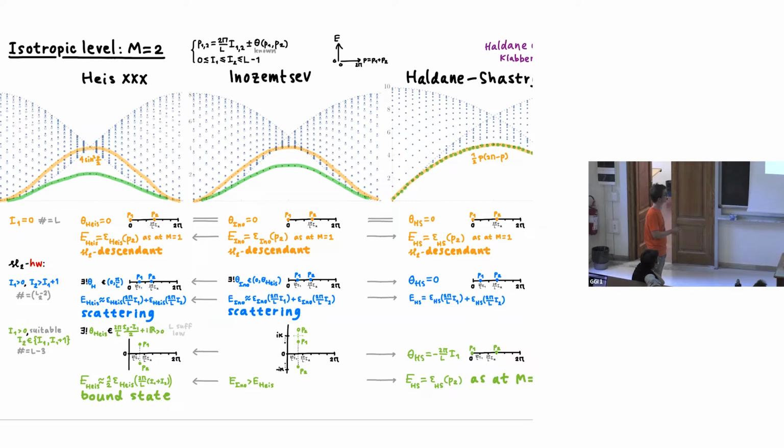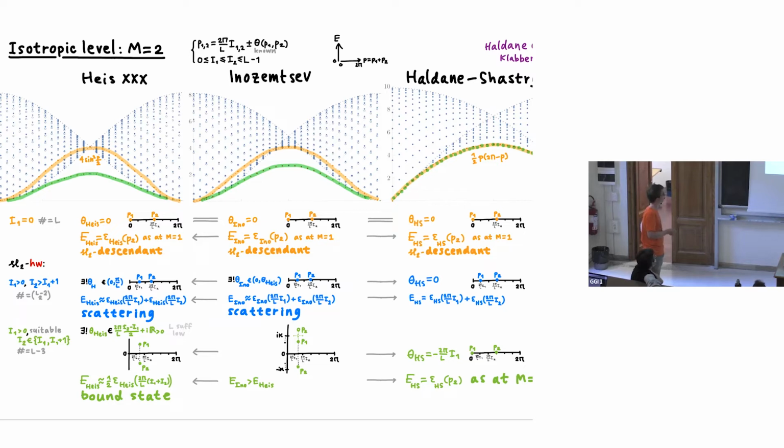And then there's some positive imaginary part for P1, let's say, and then this is the complex conjugate of P1. And it turns out that the energy of this is roughly half the energy of the total momentum. So in fact, here you get basically half times the dispersion relation, and it's not quite true for finite length. If the length would go to infinity, then really the bound state curve becomes half the dispersion, but it's an extremely good approximation even for finite length.